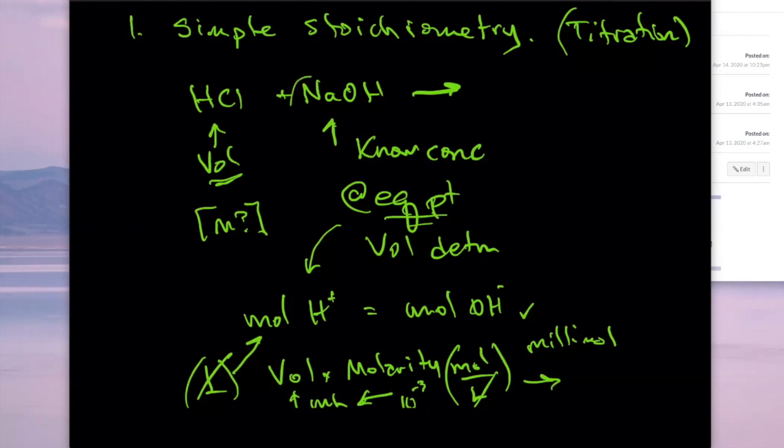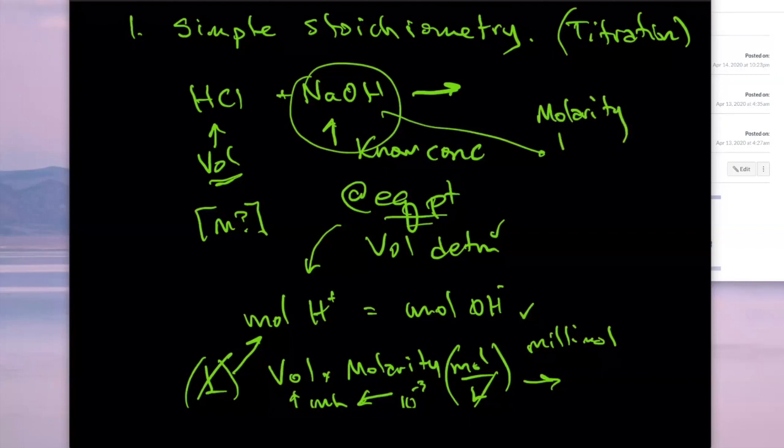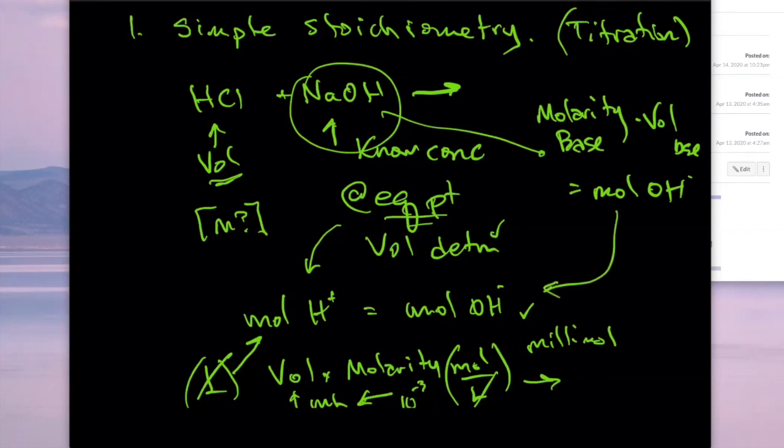Now for the base, you know the volume that you've added because you've controlled that in the burette, and you know the concentration. So again, the molarity of the base, moles per liter, times the volume of the base is equal to the moles of the hydroxide. That's what happens at the equivalence point.